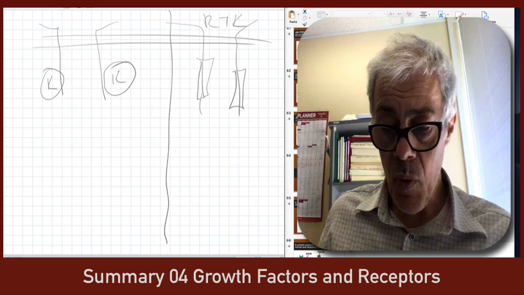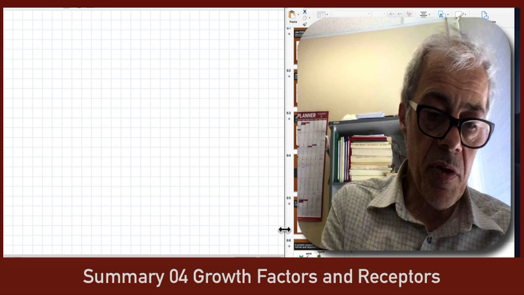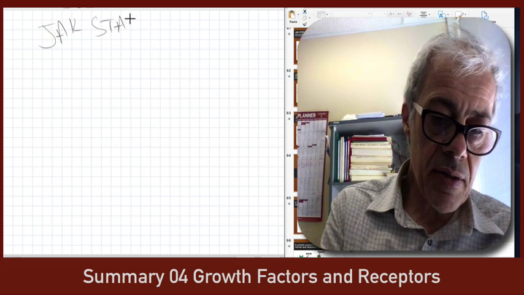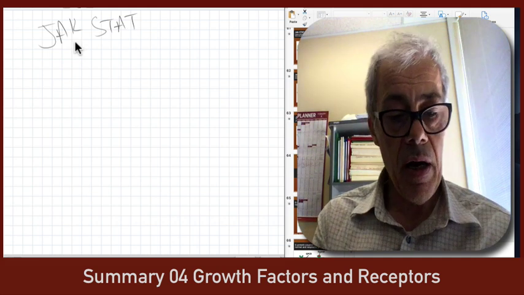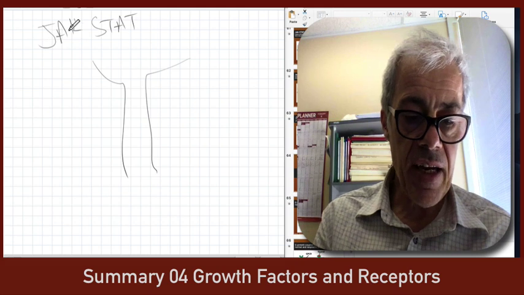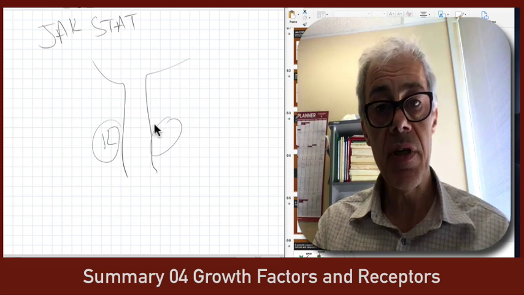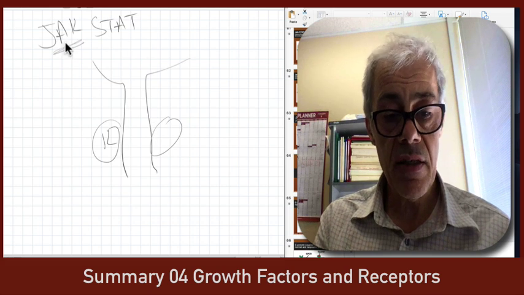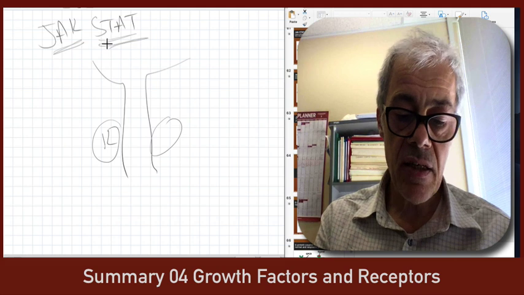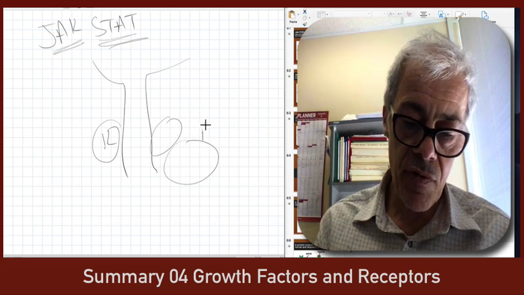And this pathway is called the JAK-STAT pathway. So if this is the molecule, the JAK is the Janus kinase that's bound to the receptor. It's the associated tyrosine kinase, and the STAT is the thing that binds here and gets phosphorylated.